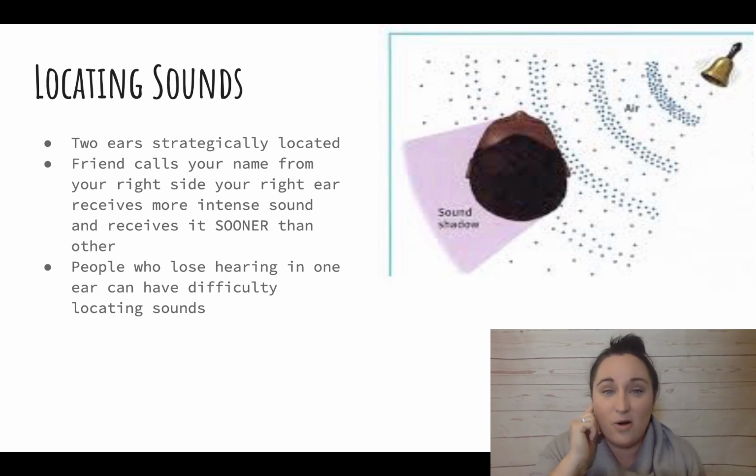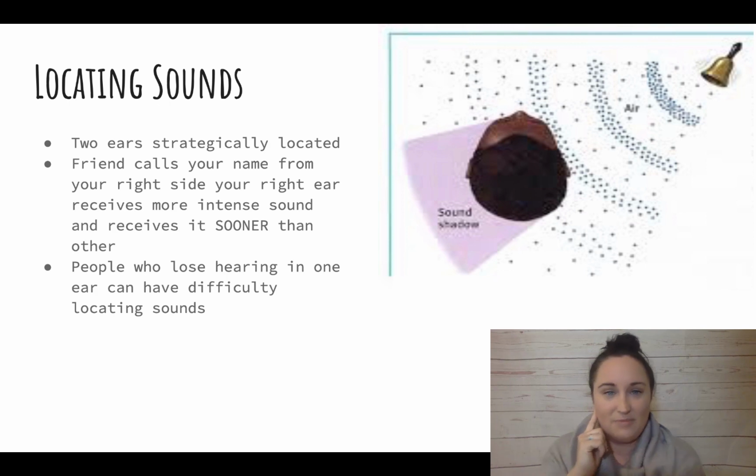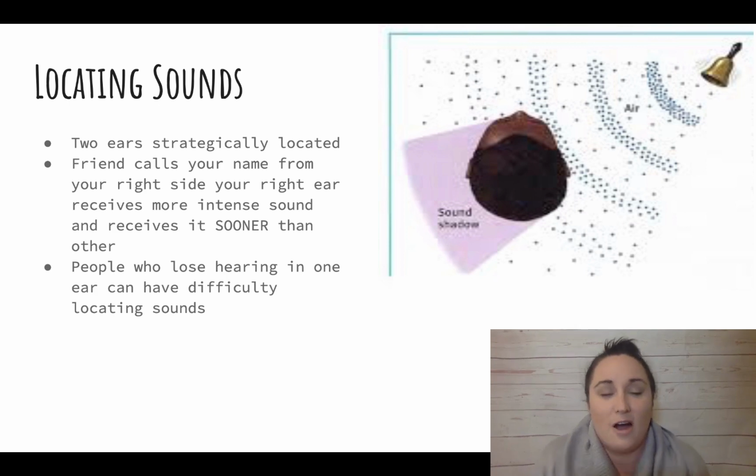Your brain knows that the sound is traveling to this ear faster than it has to go around to get to this ear, and this ear is hearing it a little lagged. So that tells your brain that, oh, I should turn my head this way to look at the person talking to me or whatever sound I'm trying to look at. So it tells us how to direct our attention.